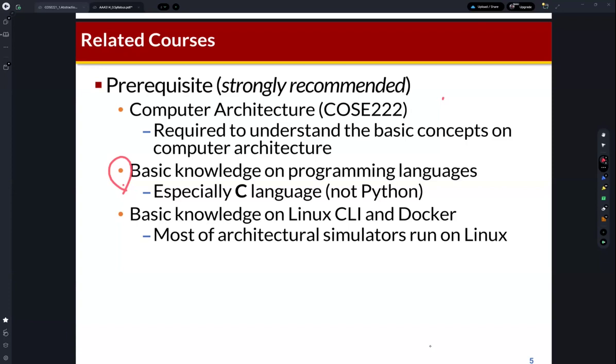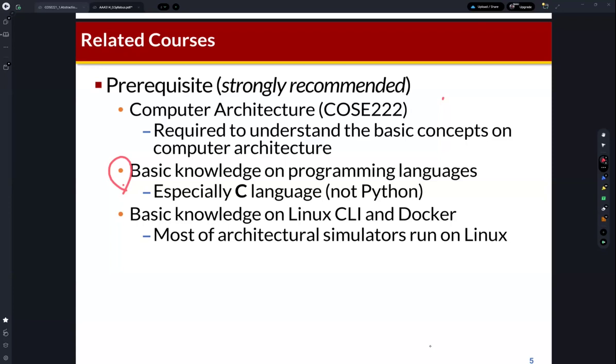We can use Python for writing scripts or some frameworks like machine learning frameworks. But in order to understand the architecture of the computer processor, or in order to manage or control the hardware components of computer systems, we need to use C.